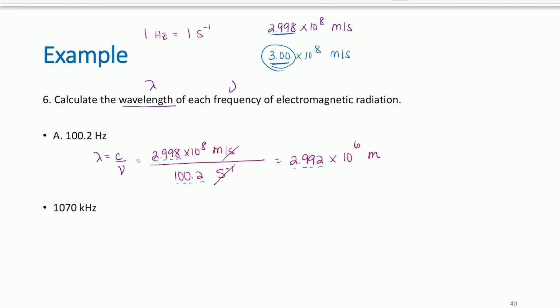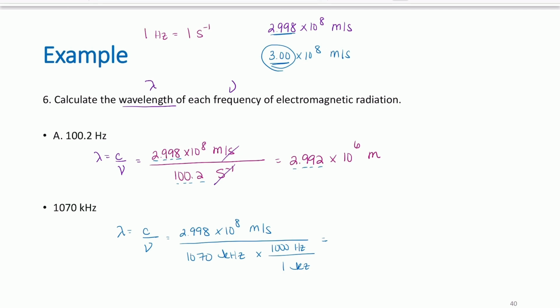And 1070 kilohertz. Lambda is equal to c over nu, 2.998 times 10 to the 8th meters per second divided by 1070 kilohertz. A kilohertz is 1,000 times greater than a hertz. It takes 1,000 hertz to reach 1 kilohertz.